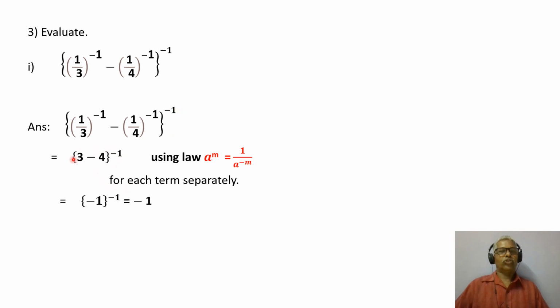Okay, so solve this bracket first, that will be minus 1 raised to minus 1 equal to minus 1. Try some such problems, and while solving such problems, always remember all these laws and signs. Okay, so we move ahead.